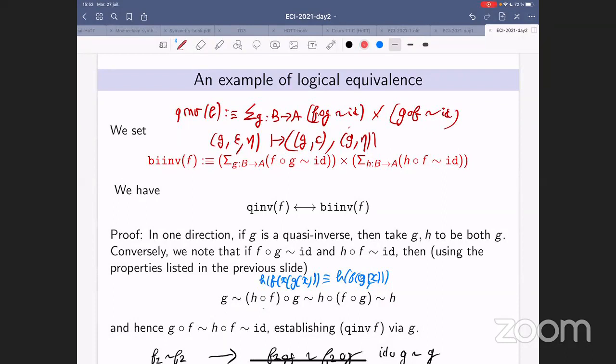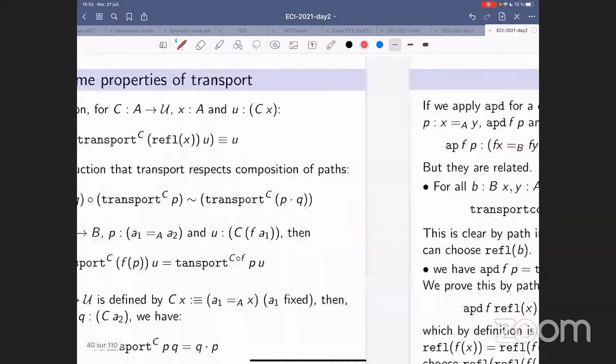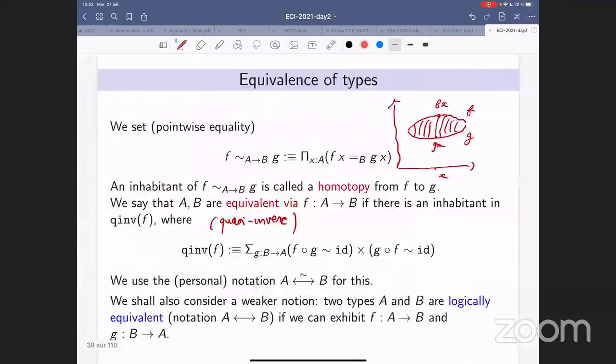So it's really a function from here to here and a function from here to here. What is missing, what does not actually hold, is a proof that these two functions are inverse of each other in the sense of homotopy.